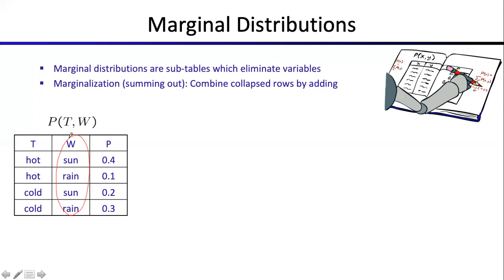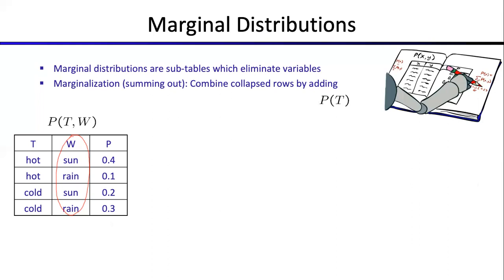That means collapsing rows का मतलब ये होगा कि I'll be adding up those values. Okay. So how can I do that? Let's take an example here. कि अगर मैं इस joint probability distribution से probability distribution of t निकालना चाहता हूँ, that means I want to eliminate w from here. कैसे होगा? I'll collapse, or I'll actually be doing some sort of marginalization of w.